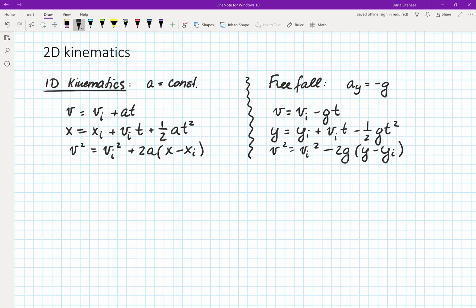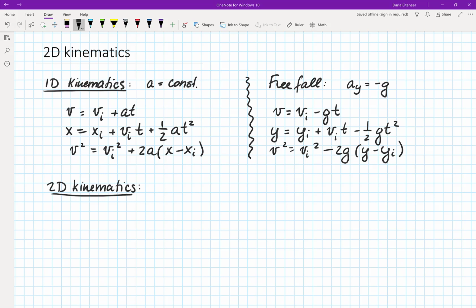Now we're going to make things a little bit more general even. We're going to talk about 2D kinematics, and you hopefully see where I'm going with this. In two-dimensional kinematics, we're going to use all of the ideas that we used for 1D kinematics, except now we're going to use them for x and y dimension.